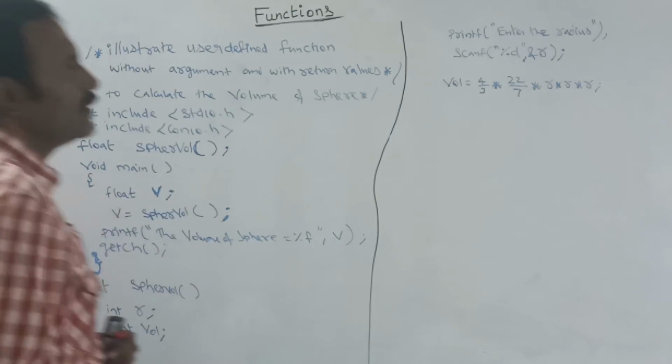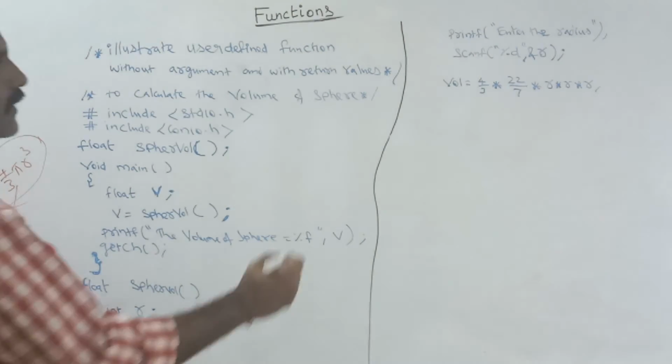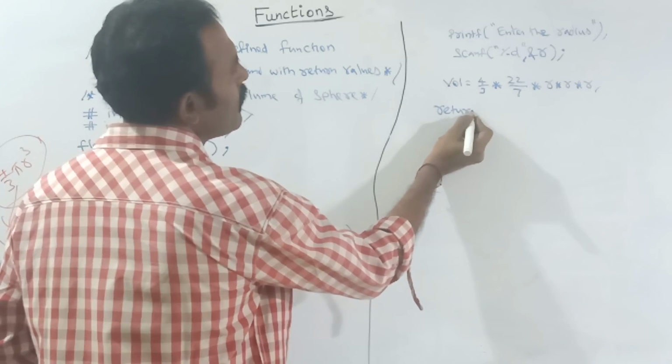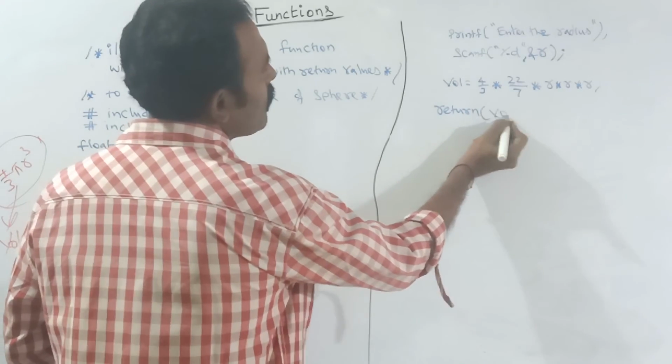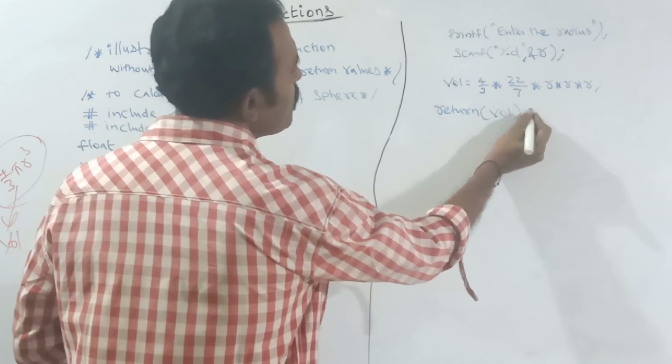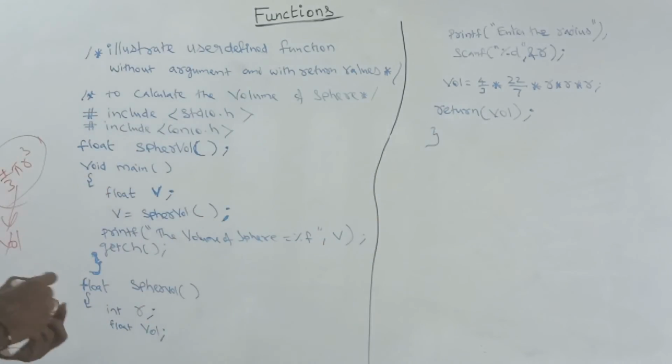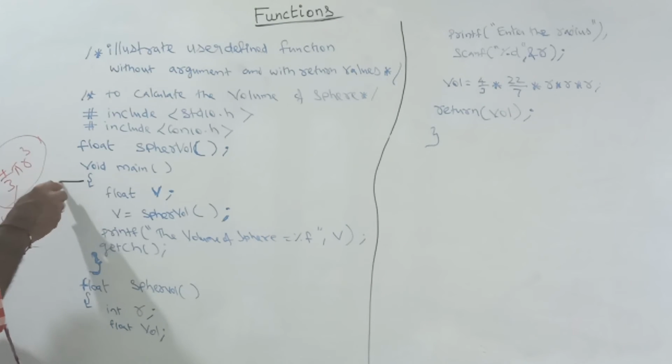This is the value. Next, I am returning this variable VOL to where it is called. Next, I am closing the function. See, this is the void main part.